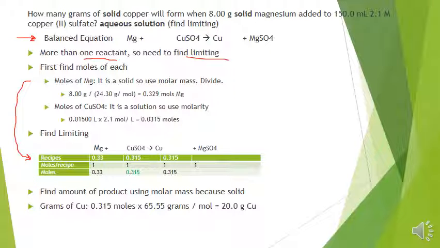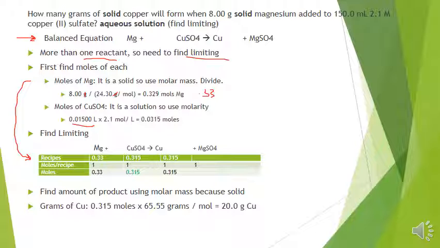So the moles of magnesium, it's a solid, so you're going to be using molar mass. So 8 grams divided by the molar mass, 24.3, and you end up with 0.329 moles of magnesium. I'll round that to 0.33. Moles of copper sulfate, that's a solution, so I'll be using molarity.